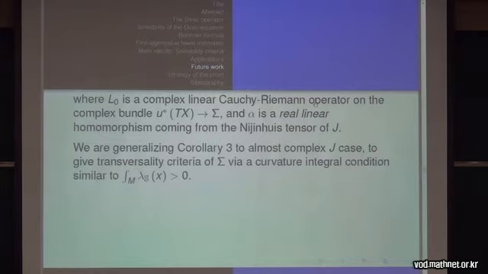And we are going to generalize our corollary about holomorphic curves to the case where J is not integrable.